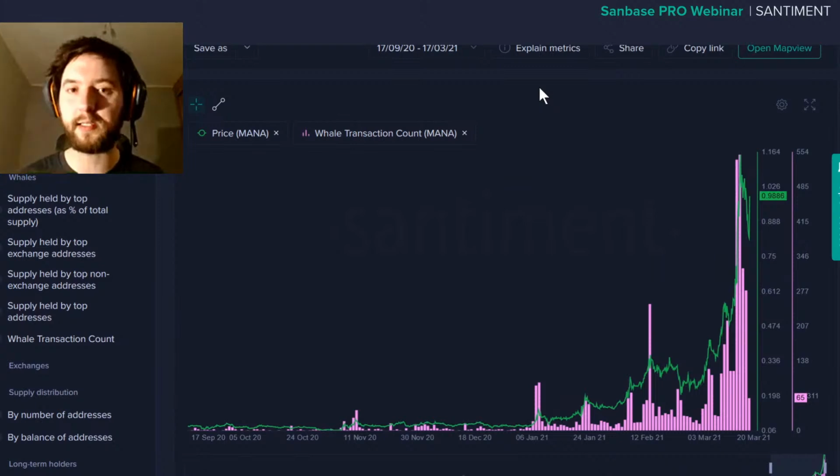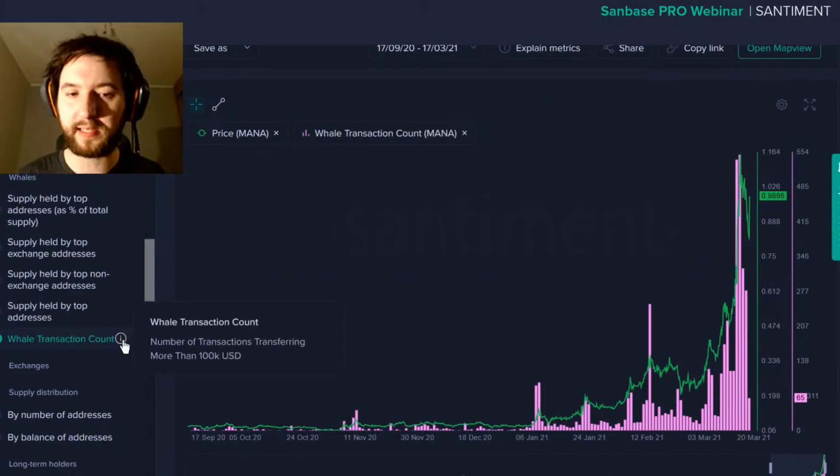Now, obviously, there are some downsides to this metric, or some drawbacks, obstacles, challenges that we are looking to tackle and solve in the future. The main one is that this metric tracks a very specific amount of money being transferred on the network, which is any transfer that includes more than $100,000 of Mana.